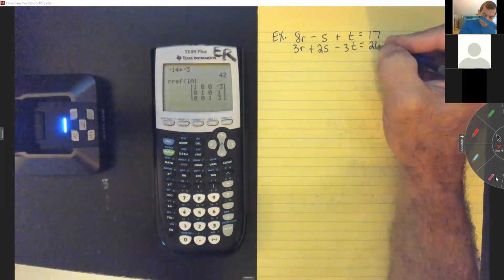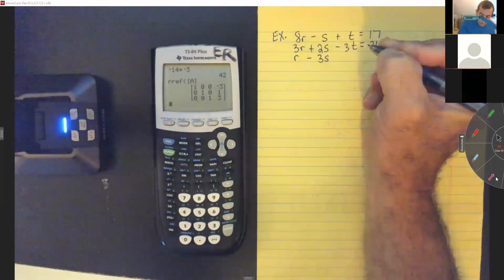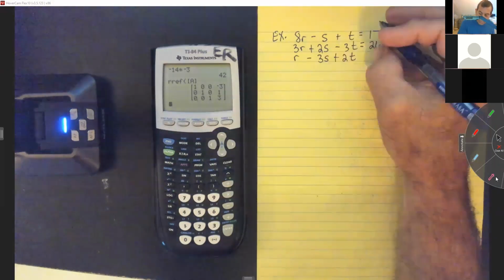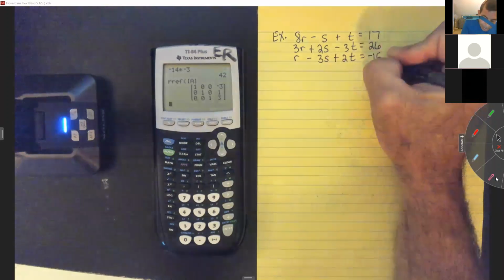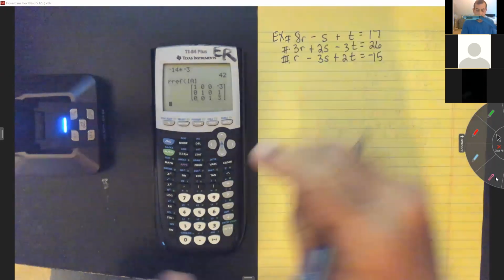R minus 3S plus 2T equals -15. So that'll be 1, 2, and 3.